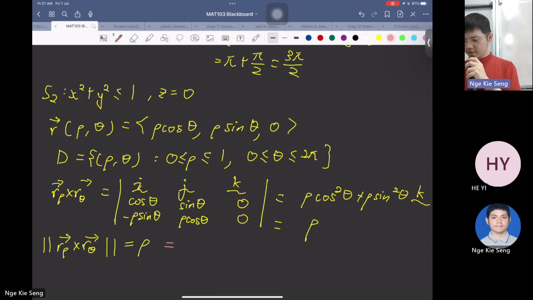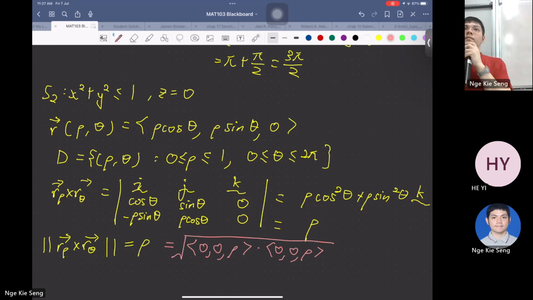To be precise, this is 0, 0, rho dotted with 0, 0, rho, and then take the square root, which is the square root of rho squared. Can you follow? So we do the same usual business. We do the surface integral.